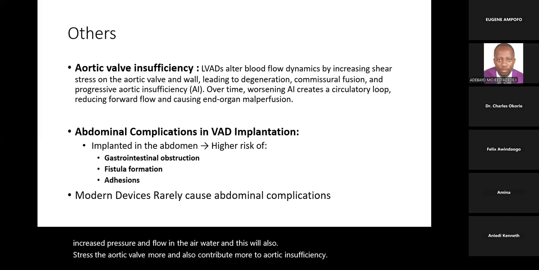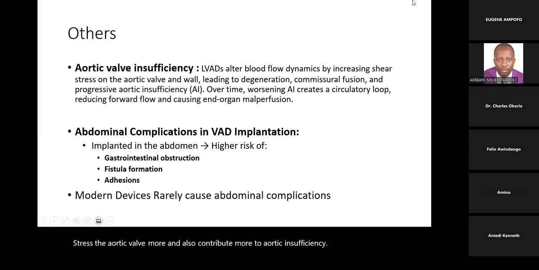Good evening. If I can also come in a bit: remember that the native aortic valve is still intact and there's still some opening and closing of the aortic valve. You also remember that this is a continuous flow, so the gradients within the aorta will be of a certain pressure, and that affects the opening and closing of the aortic valve.